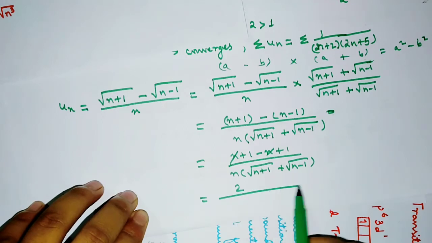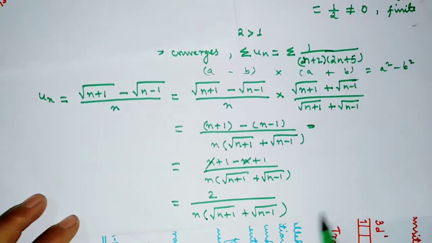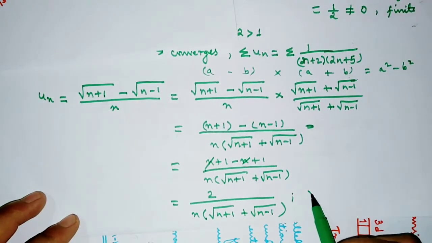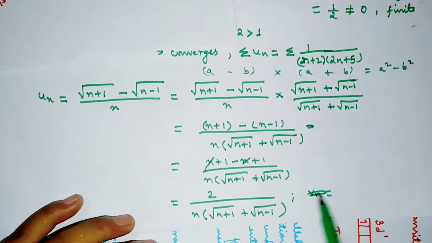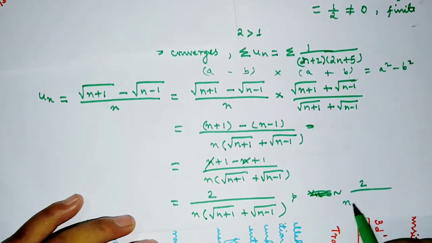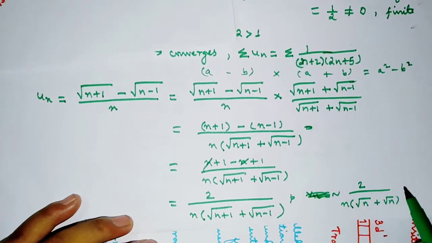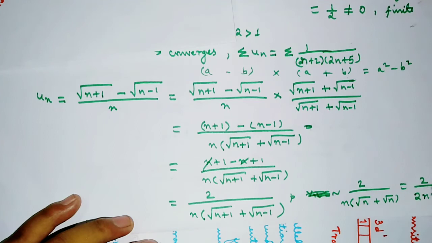We have 2 by n root n plus 1 plus root n minus 1. So from here we can find our Vn. Our Vn is, first, this one is nearly the same as 2 upon n root n plus root n for large values of n, and this one is equal to 2 upon 2n root n.